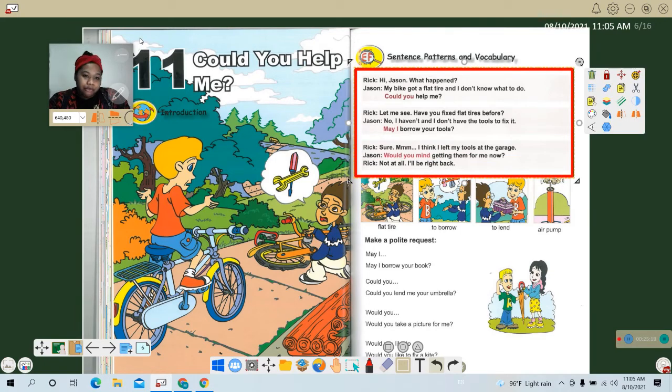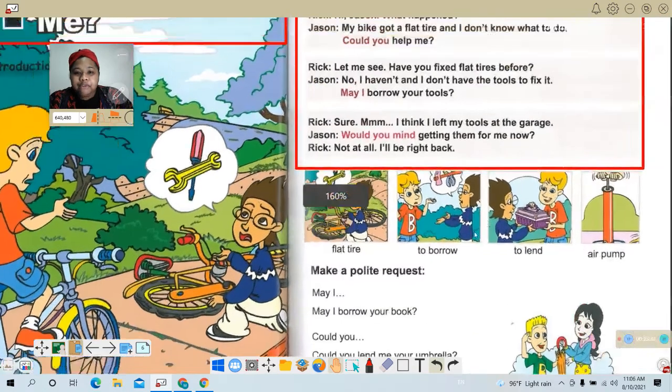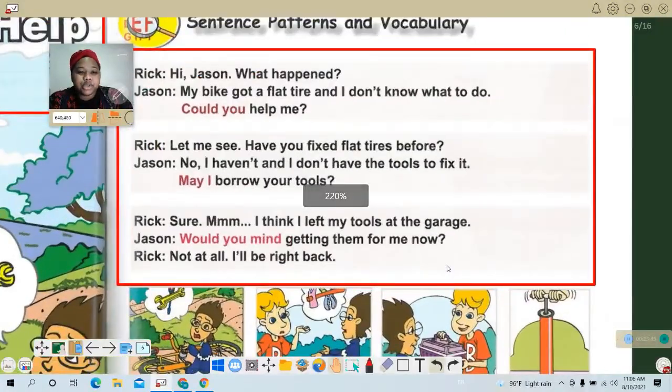So Unit 11 is about how to ask for help, but in a nice way. Because sometimes you can ask for help, but it doesn't sound nice. It's not polite. So people will say, no, I don't want to help you. So you need to ask in a nice way. So here are examples. Everybody, let's read on page 62.